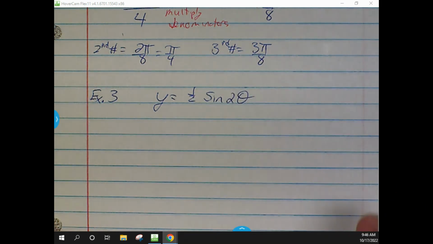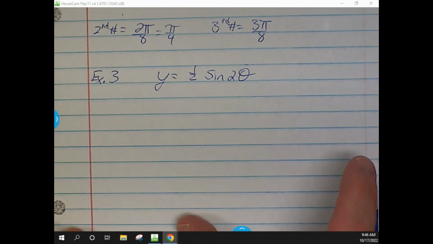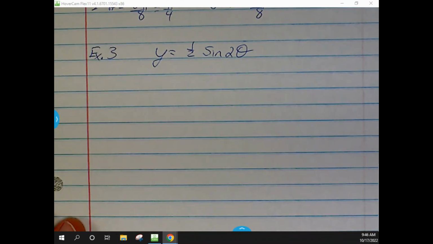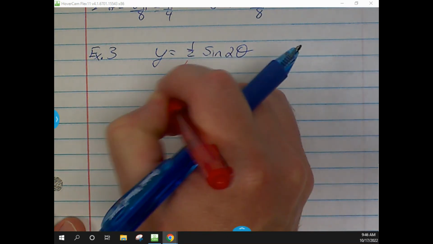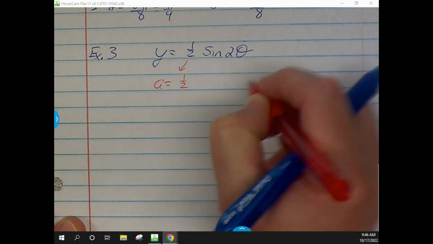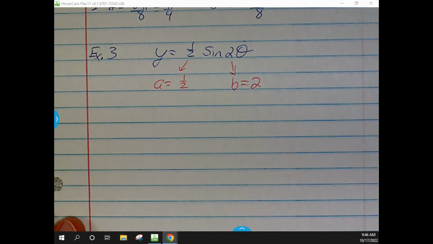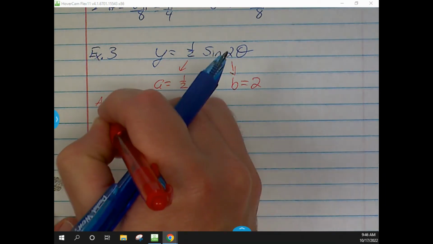All right, this time instead of using X, let's use theta, just to throw you off a little bit. Again, still not a big deal because it still works out the same way. Okay, so our A is 1/2, our B is 2, and the A is for the amplitude.